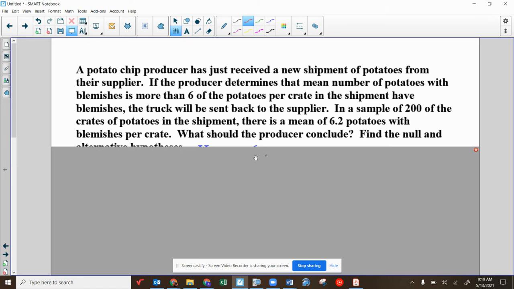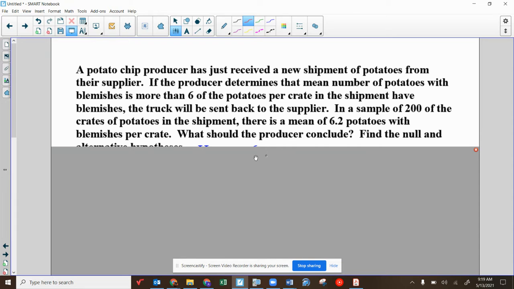A potato chip producer has just received a new shipment of potatoes from their supplier. If the producer determines the mean number of potatoes with blemishes is more than 6 per crate in the shipment, the truck will be sent back. In a sample of 200 of the crates of potatoes in the shipment, there is a mean of 6.2 potatoes with blemishes per crate. So what should the producer conclude?